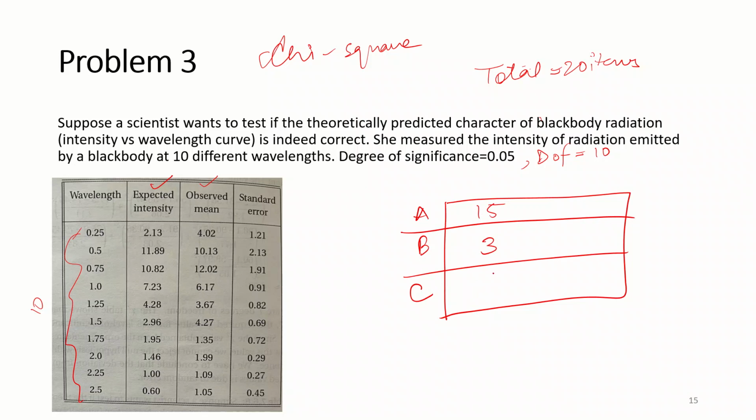Without giving C, as the total is fixed, you know that the number of items in C will be 2. So C is a dependent variable, not an independent variable. In such conditions, as I told in the PPT, the number of independent random variables is the degree of freedom.